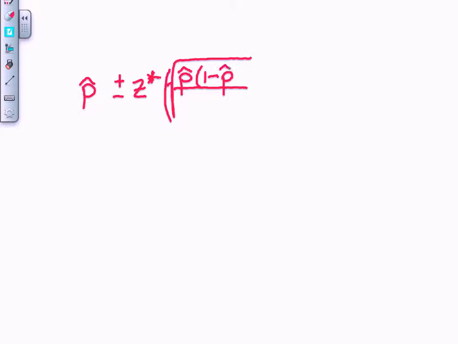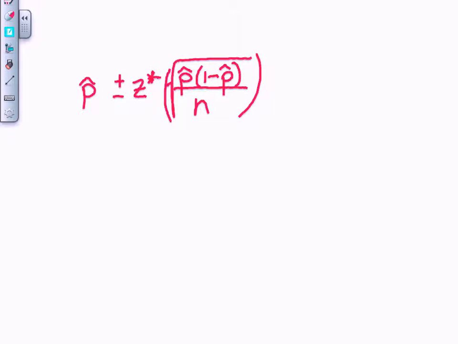Okay, so our confidence interval is going to be found by taking our familiar formula and just adapting it to accommodate two samples.